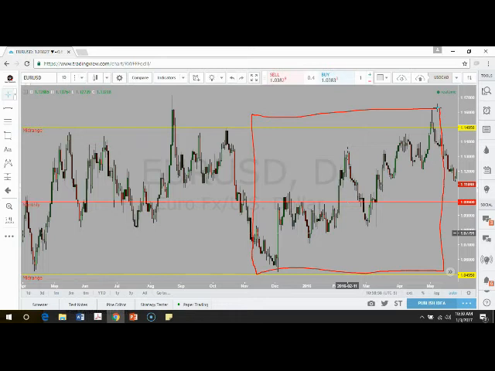I'll show you some cycles within cycles, and I'll show you the first 5 waves. This is another reason why I like using TradingView, because it actually has the drawing tools that I need.